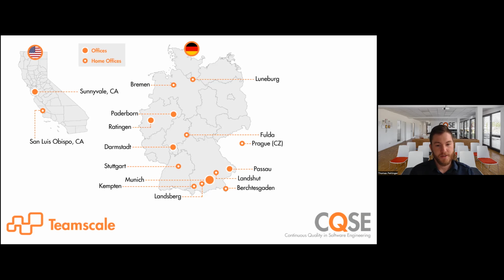So if you're located in Germany, the chance is quite high that someone of us is sitting near you right now. We also have an office in Silicon Valley to help our customers overseas. We are in total 61 employees, 57 of which have a background in computer science, and 23 even have a PhD in a software engineering related topic.